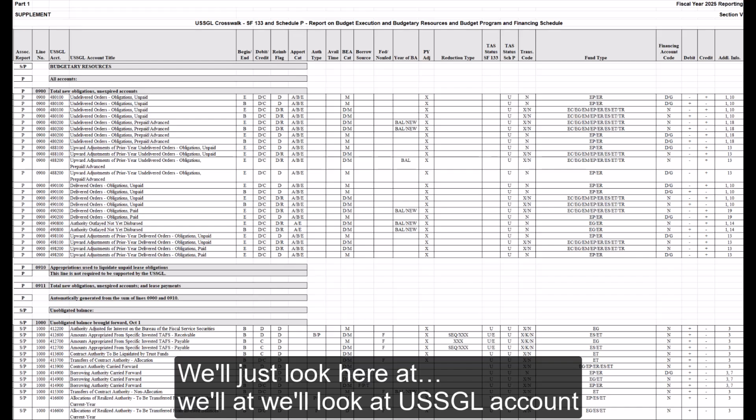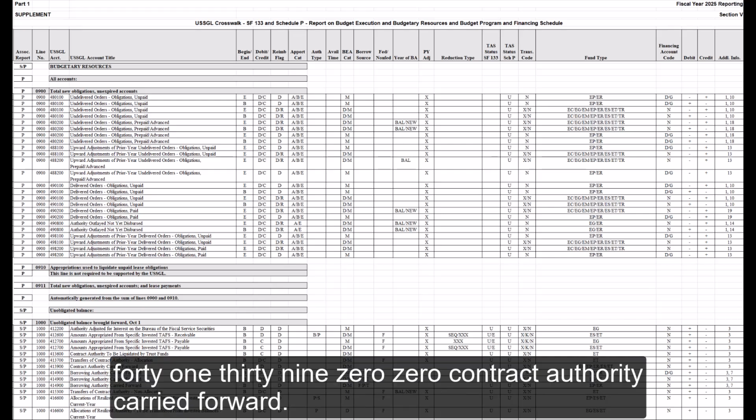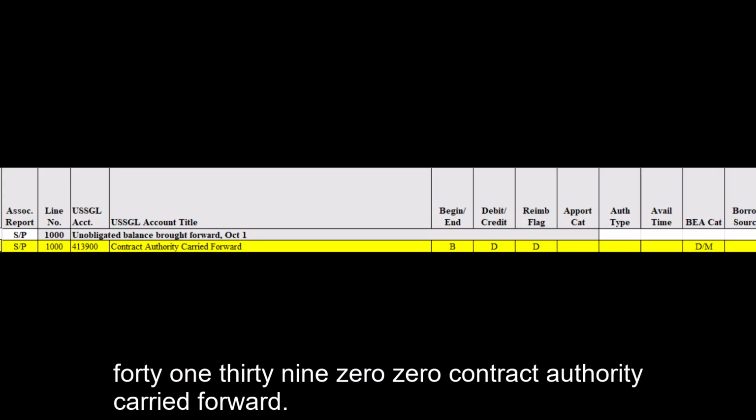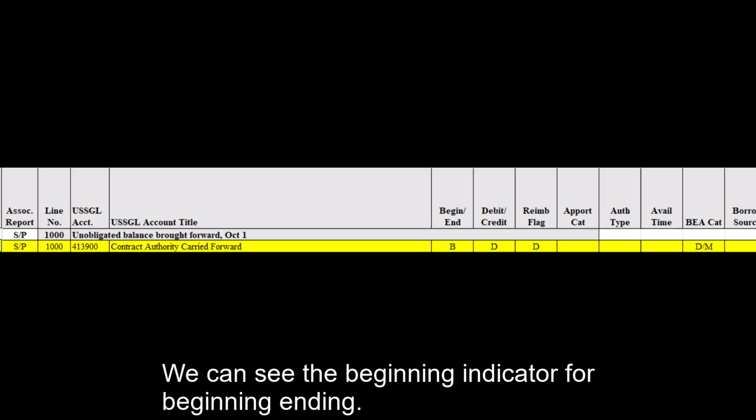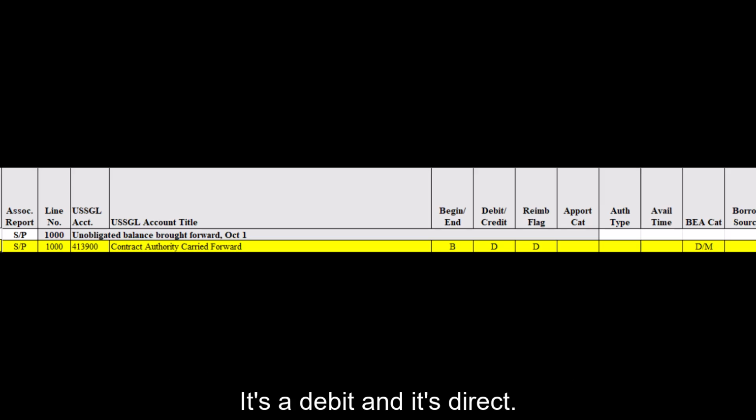We'll look here at USSGL account 413900, contract authority carried forward. We can see the beginning indicator for beginning ending. It's a debit and it's direct.